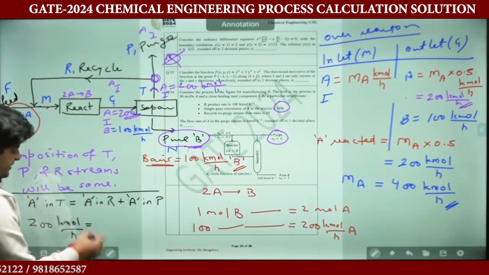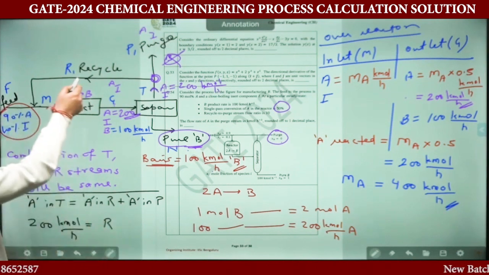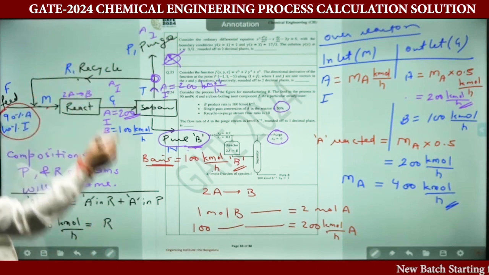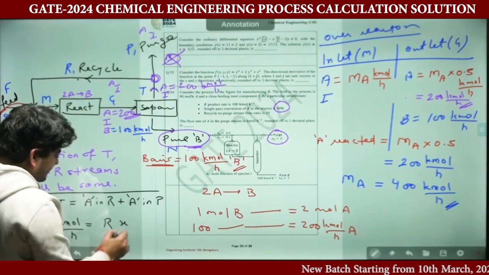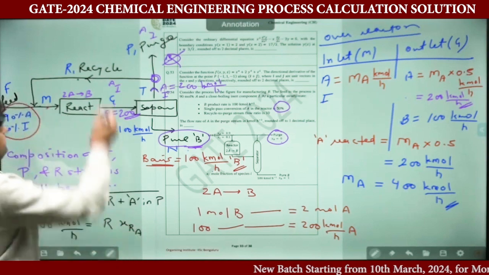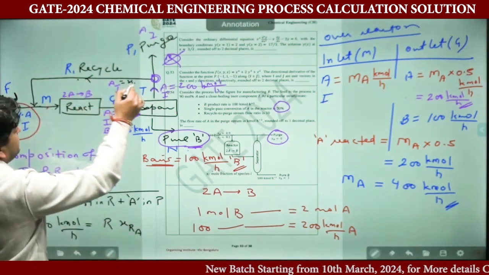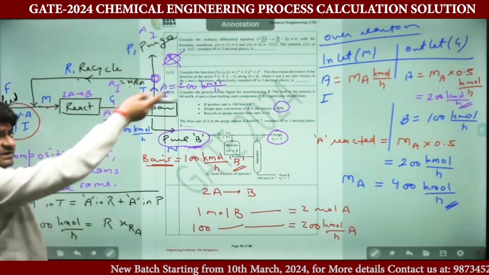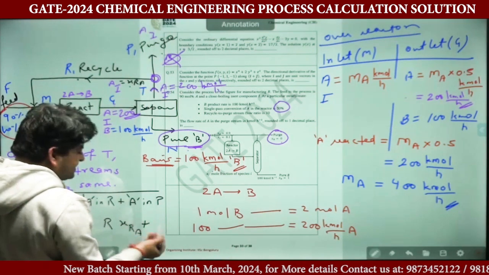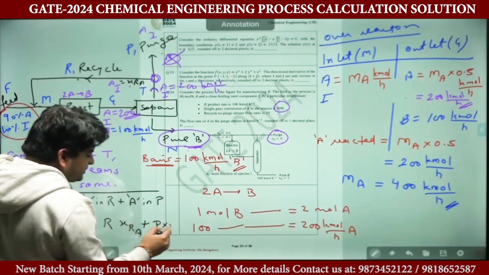A in the recycle stream will be the total flow rate of the recycle stream R into the mole fraction of A, let's say XA, or to be precise, XRA, the mole fraction of A in the recycle stream. And the same will be there in purge and T. The amount of A in the purge stream will be the total amount into the mole fraction of A.